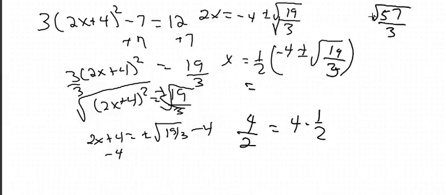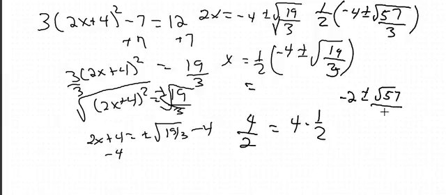Plus or minus, and then minus 4. Now I'm going to multiply the 1/2 through. So wouldn't it just be a 6 on the bottom? It would be a -2 there, plus or minus the square root of 57 all over 6.